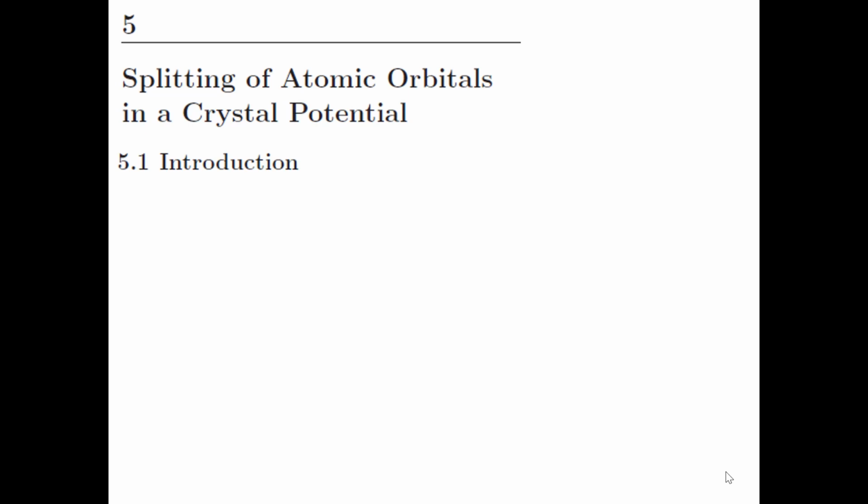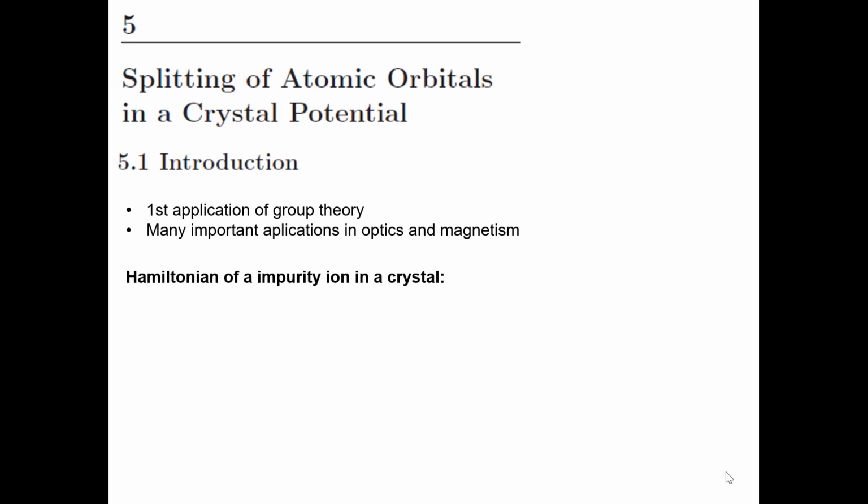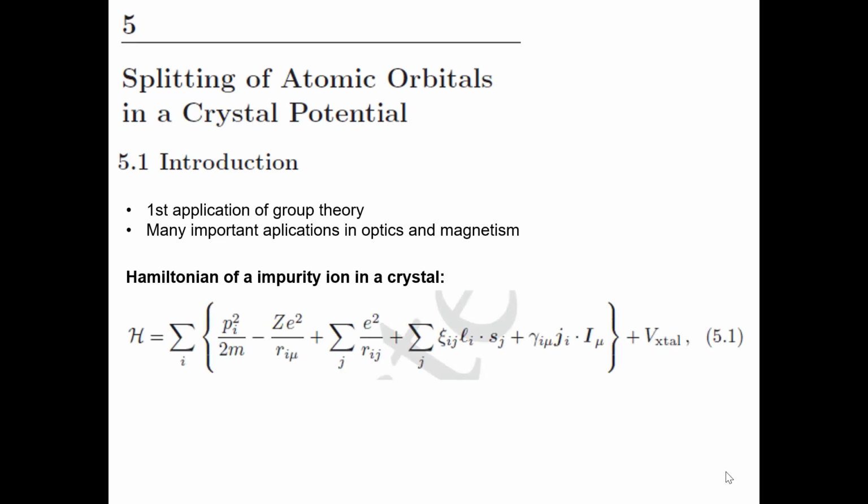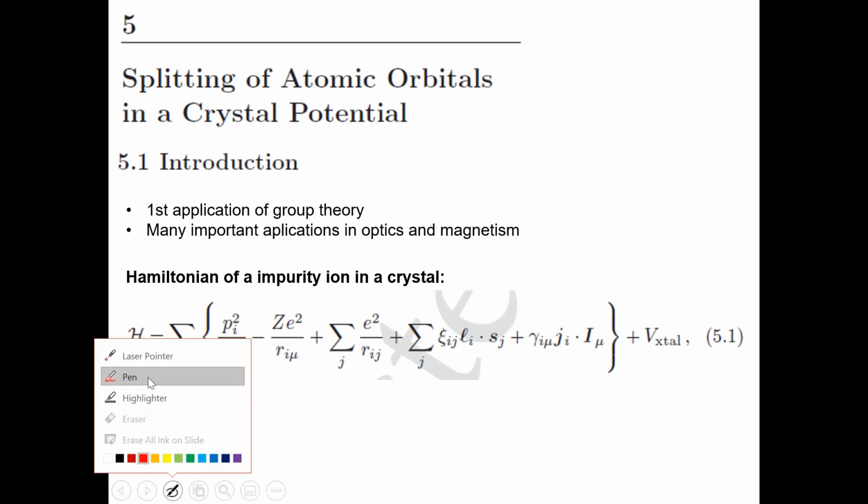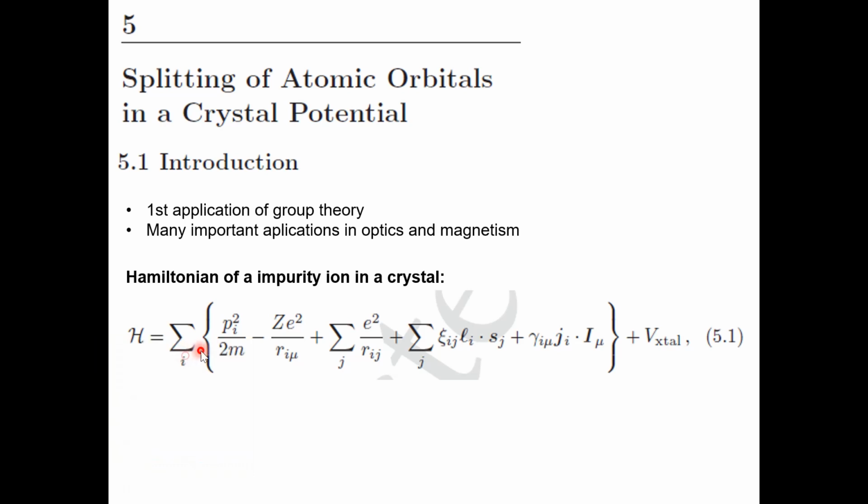Okay, so we start by considering the Hamiltonian of an impurity ion in a crystal. We write this Hamiltonian from the point of view of perturbation theory in the following manner. We first separate this Hamiltonian into different parts.